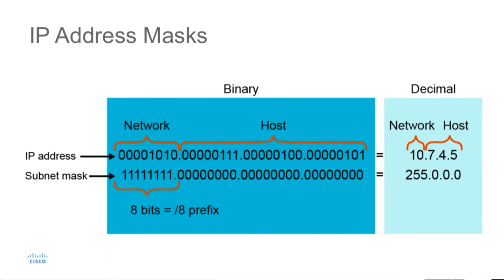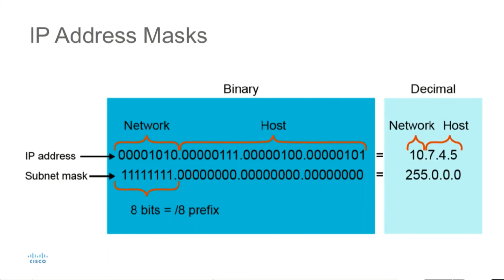In this example, we have an IP address that's represented in binary. Right underneath it, we have a subnet mask that is represented in binary. The very first octet in the subnet mask has all of the bits enabled, or turned on or set to 1. And so this would indicate that the first octet in the IP address is the network portion.